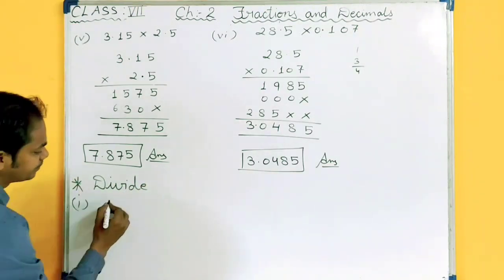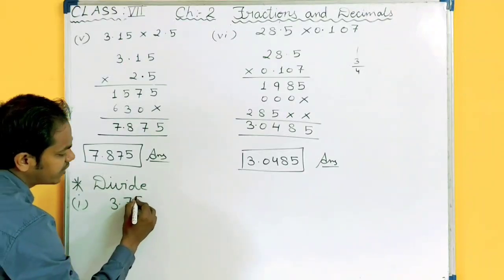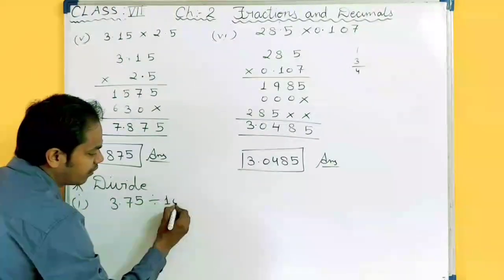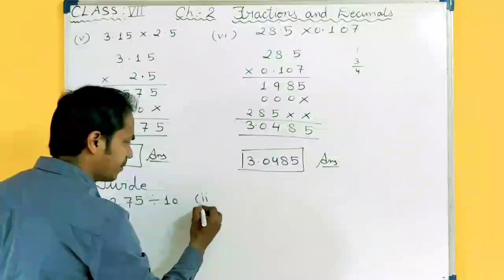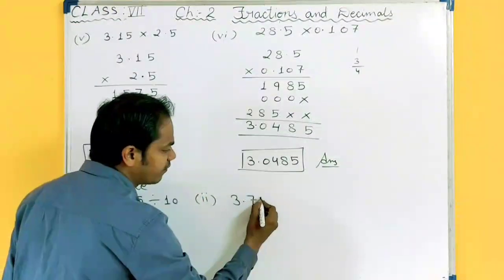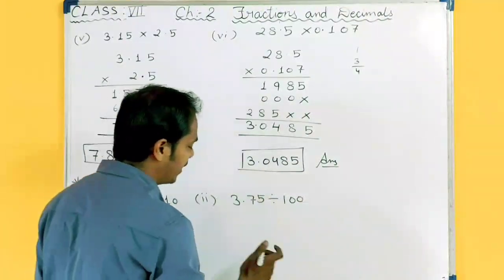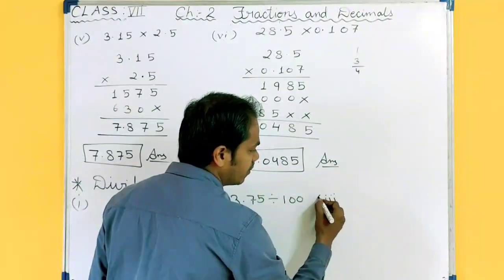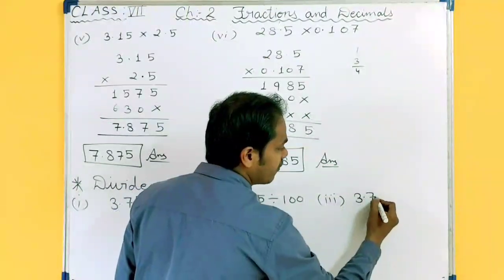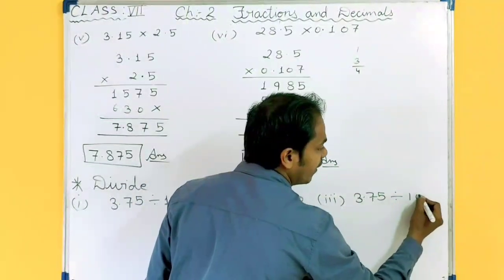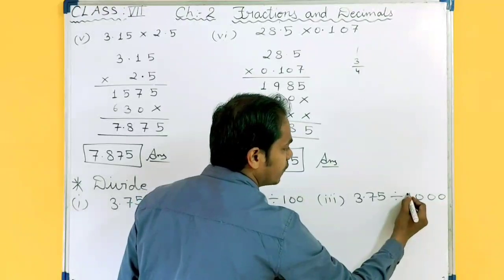I am taking one question. 3.75 divided by 100. I will take the same number. 3.75 divided by 10, here 100, and here I will take 1000. 3.75 divided by 1000. Okay.